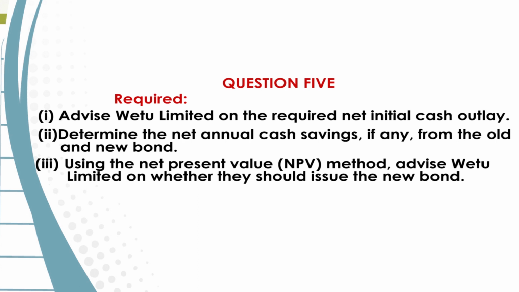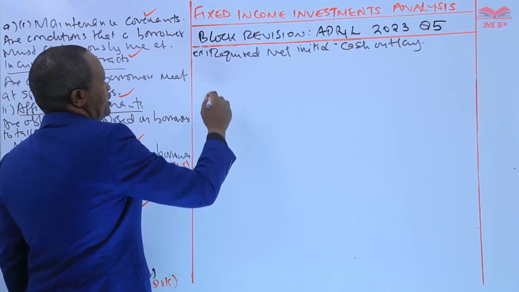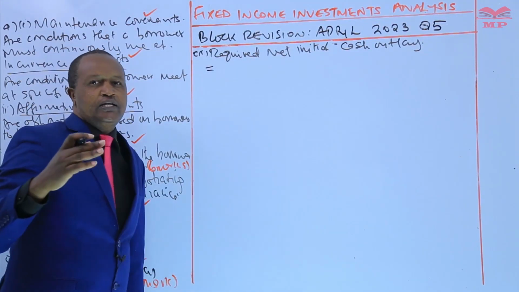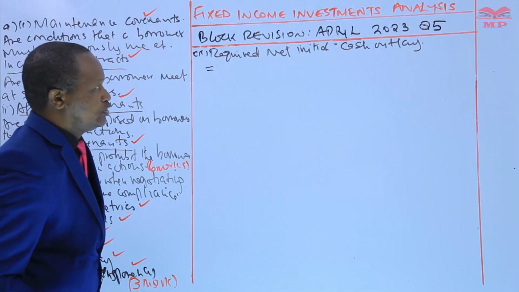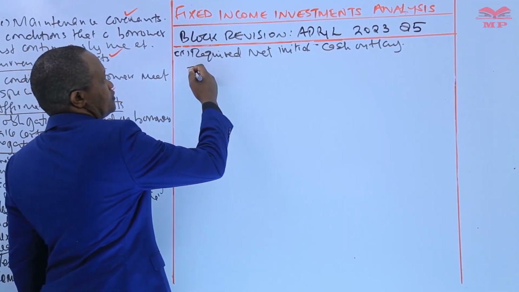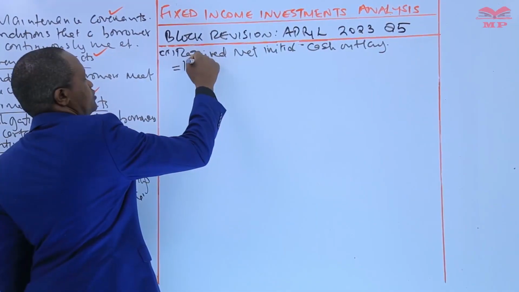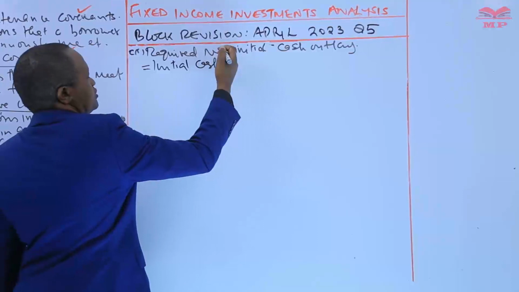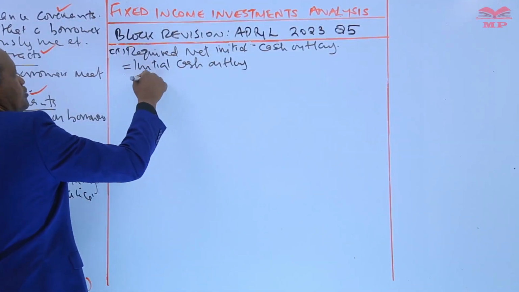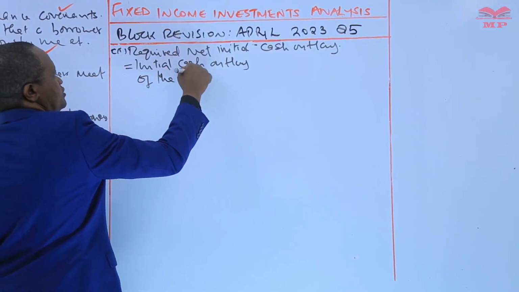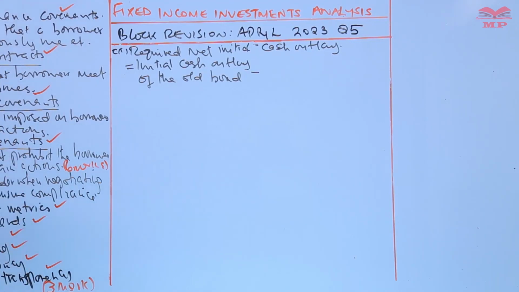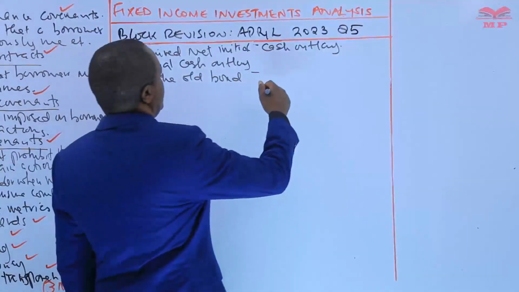Now, the required net initial cash outlay will be equal to the initial cash outlay of the old bond minus the initial cash outlay of the new bond.